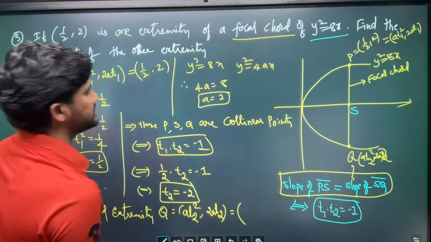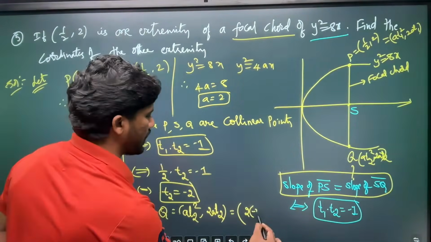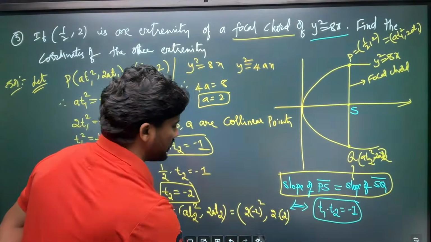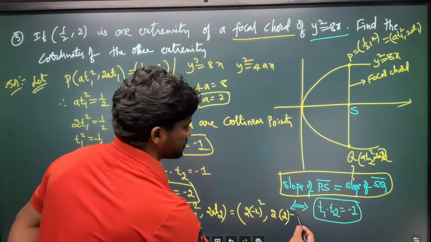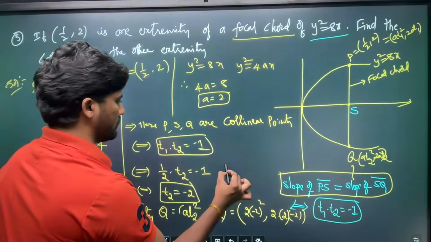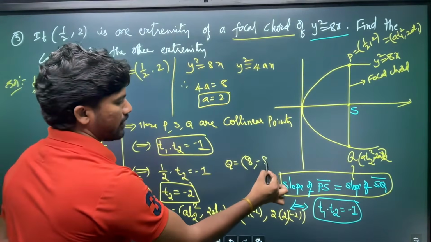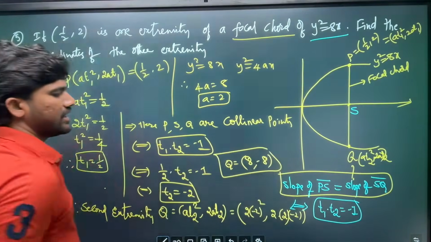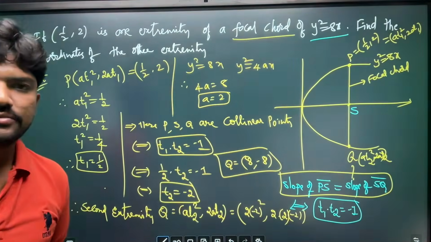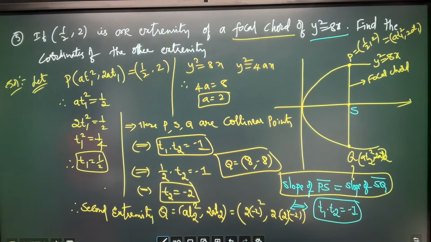What is a value? 2 into t2 square, (-2) whole square comma 2 into a value 2 into t2 -2. Okay, so how much is that value? Final I am writing. So Q is equal to 8 comma -8. This is the second extremity, (8, -8). Clear everyone? Okay, so that is the final answer, (8, -8).